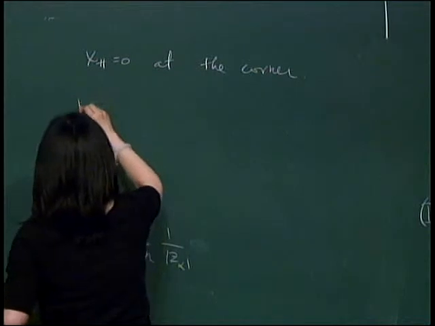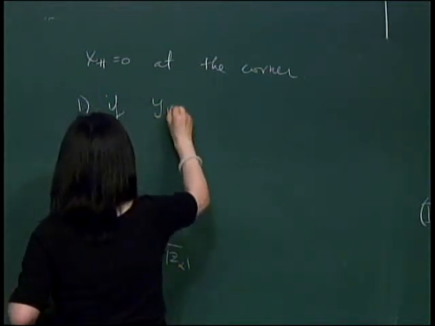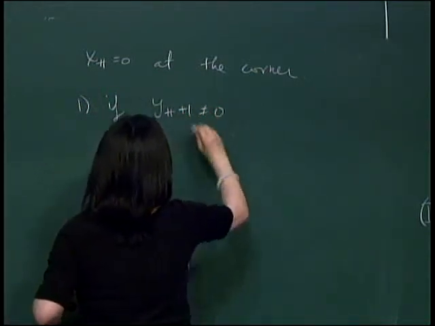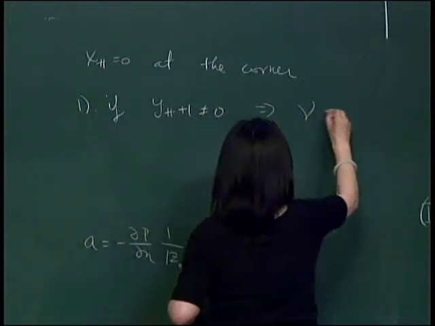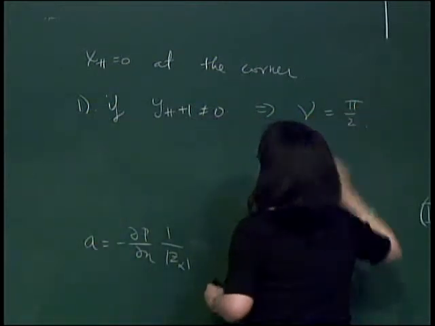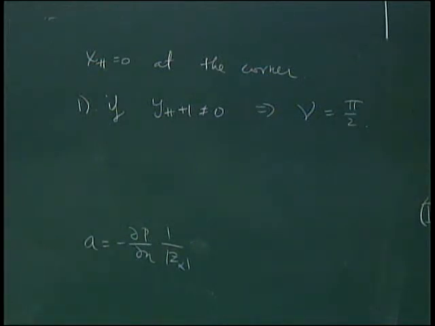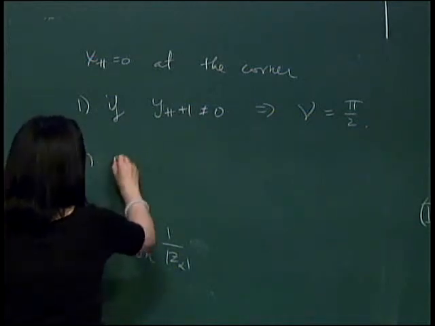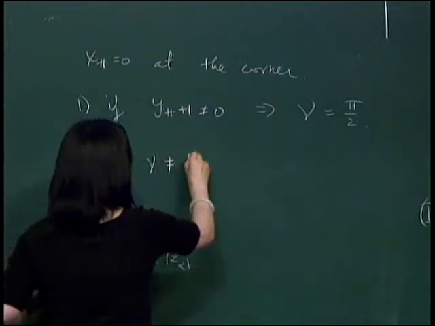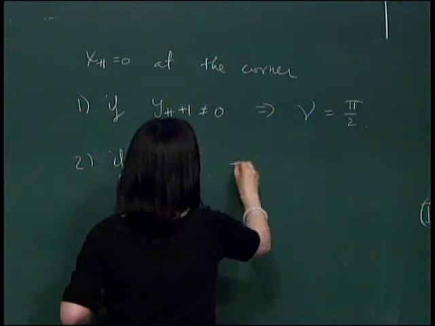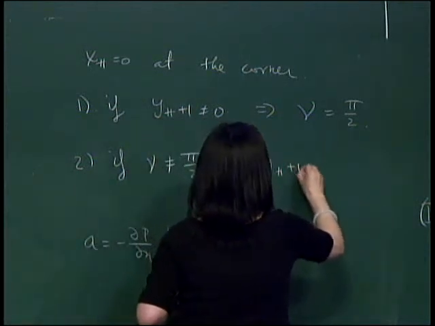Now, case 1: if ytt plus 1 is not equal to 0, this implies that the angle mu has to be pi over 2. That's the case we don't really care about, because this falls into the previous result. Now if we want the angle not equal to pi over 2, that means ytt plus 1 has to be 0.